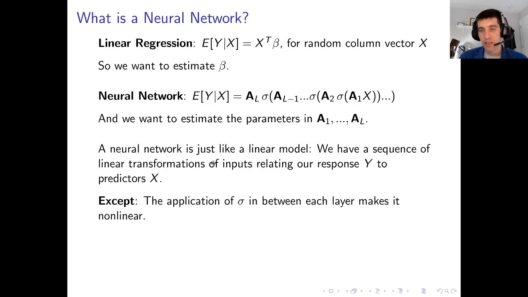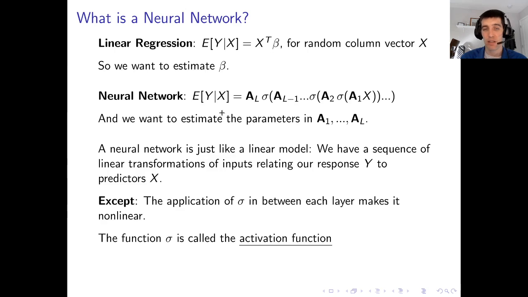So a neural network, I say just like here, that's a little bit of an exaggeration, but it's very similar in the sense that we do have a sequence of linear transformations instead of just a single linear transformation. But the big exception, again, is that the application of this activation function, this nonlinear function in here, makes the relationship between x and the conditional mean nonlinear.